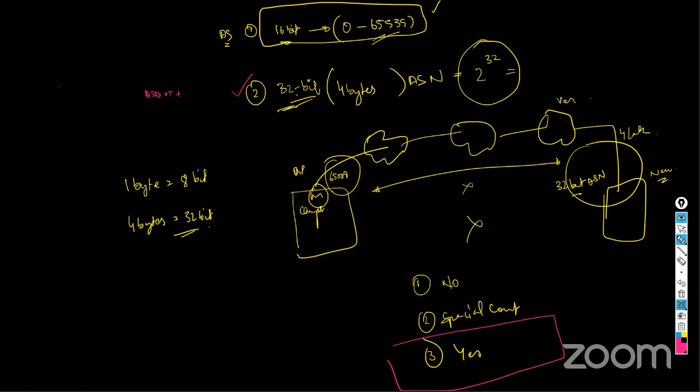So basically, this 32-bit ASN can be written in three ways. One, AS plain, which is nothing but from 0 to 65535. The second one is AS dot plus, and the third one is AS dot.